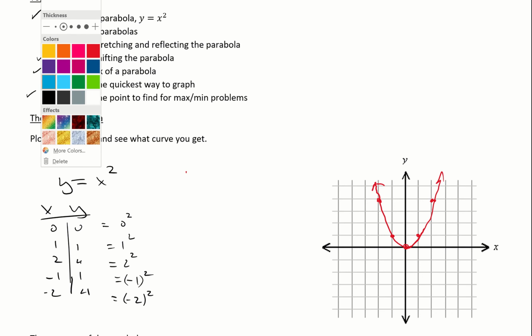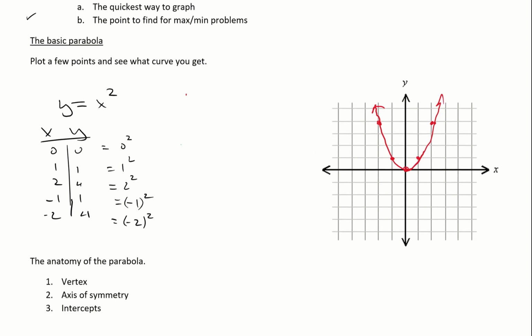Okay. I think the next thing I have us do is talk about the anatomy of the parabola. You should know these things. The low point down here, in this case, the very extreme low point, and by the way, parabolas can also open downwards as well. And the low point in that case would be the high point. But this point, that special point, has a name, and what is it? Vertex. We're just borrowing Latin words for all of this.